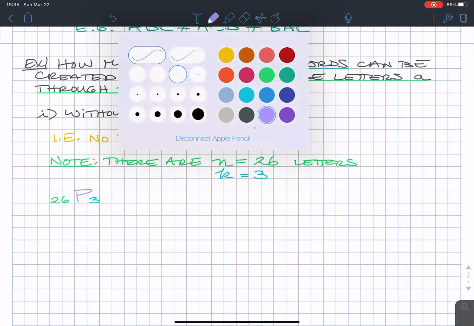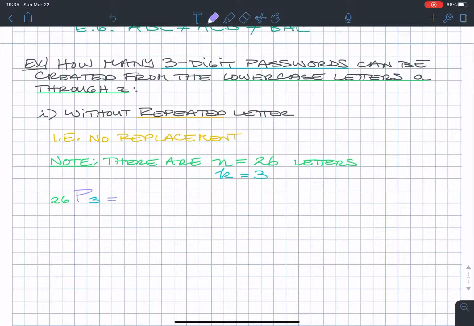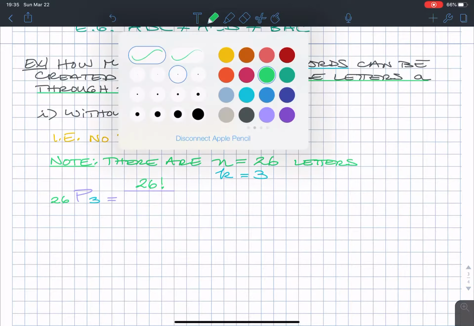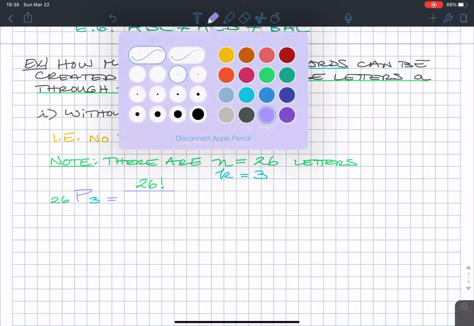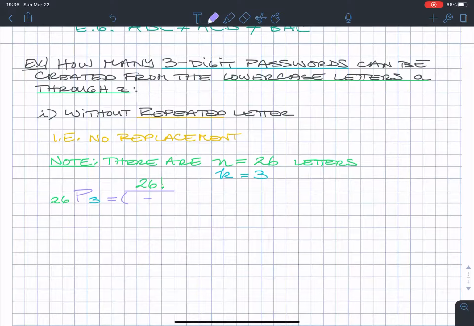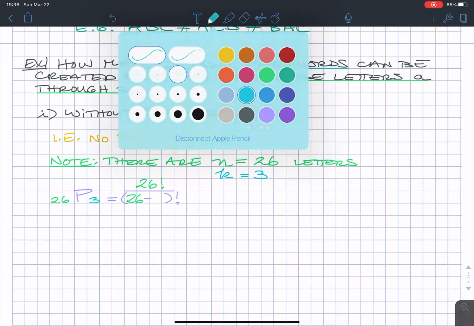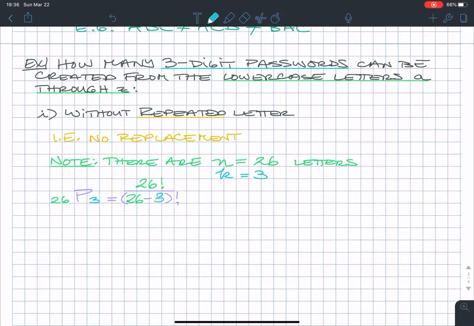So according to the formula, I claim that that will be 26 factorial divided by 26 minus 3 factorial.